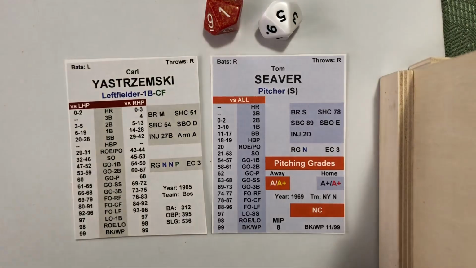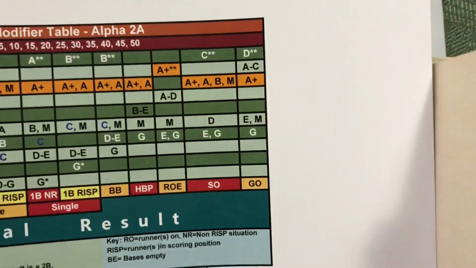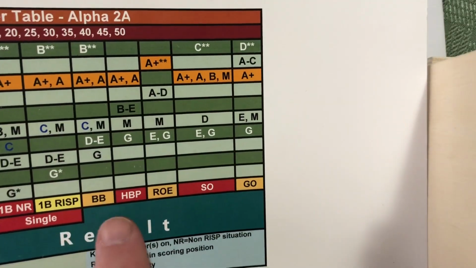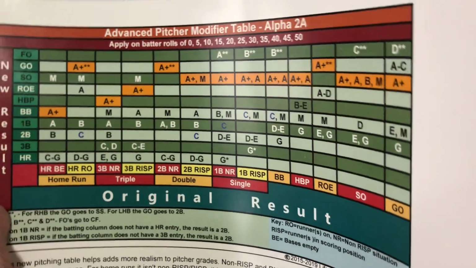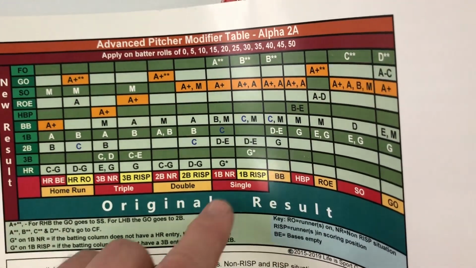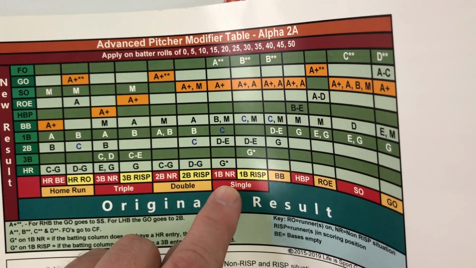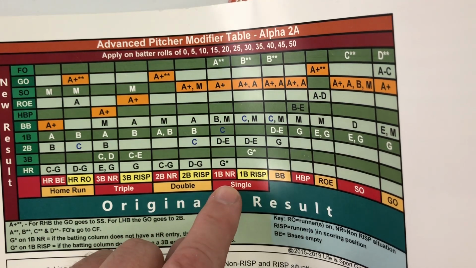All right. If we look at the Advanced Pitcher Modifier Table, the single, now we're looking at hits, and what matters is there a runner in scoring position or not? All right, so let's suppose there's not a runner in scoring position, but it's a single.